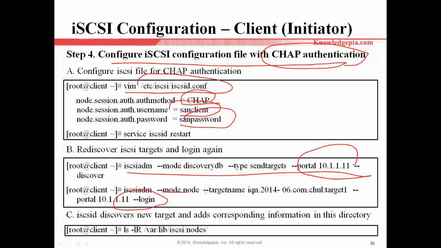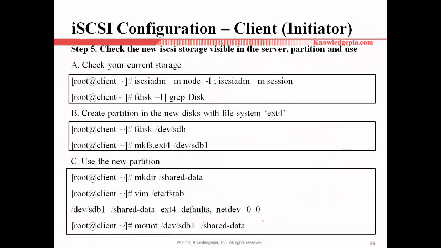Then you will be successful. And then ls -lR /var/lib/iscsi/nodes, and this directory will show you the information from the iSCSI server. In my case, it will be 10.1.1.11.